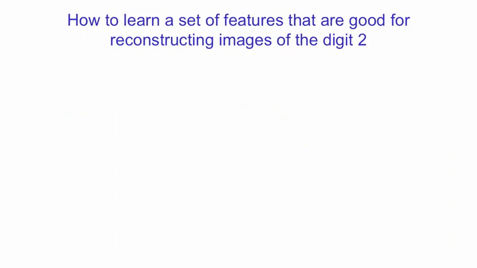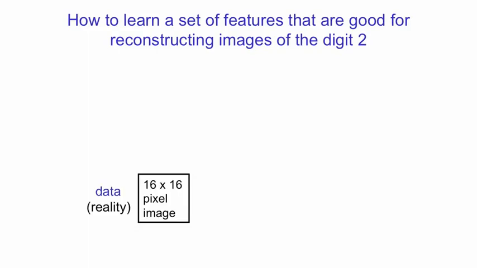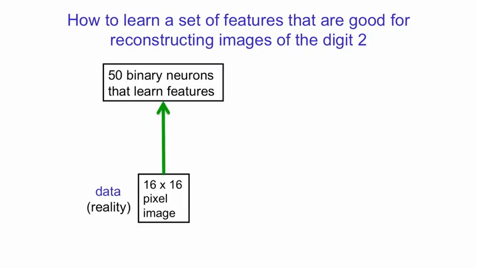I'm now going to show how a relatively simple RBM can learn to build a model of images of the digit 2. The images are 16 pixels by 16 pixels, and it has 50 binary hidden units that are going to learn to become interesting feature detectors. So when it's presented with a data case, the first thing that it does is use the weights on the connections from pixels to feature detectors to activate the feature detectors.